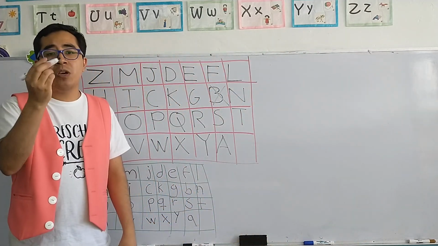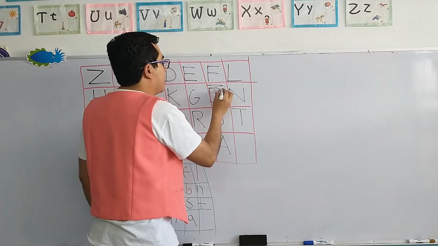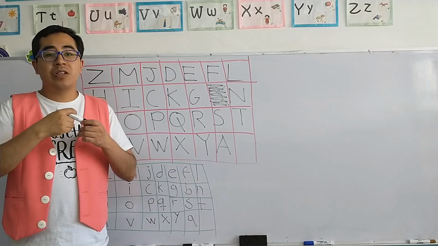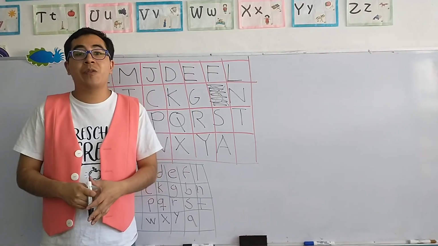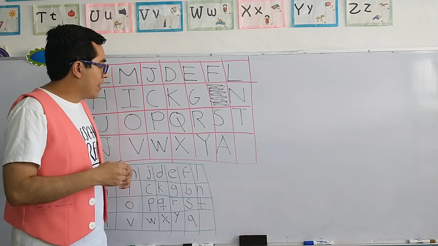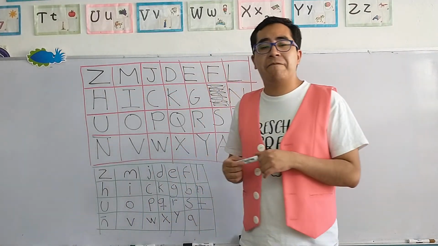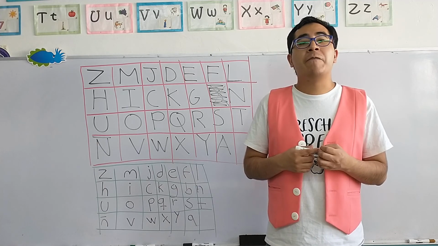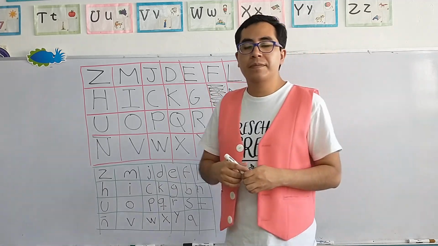Or, if you are using colors, you can paint the square. O si están utilizando colores, pueden colorear el cuadrado donde está esa letra. Let's continue with another. Capital F of fish, of Frida, of fat person.